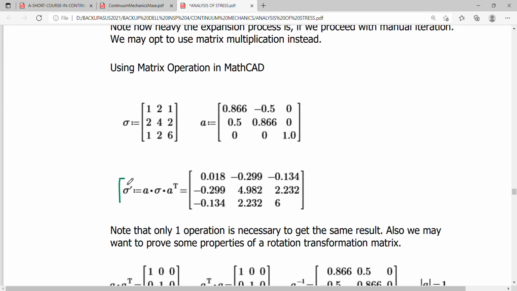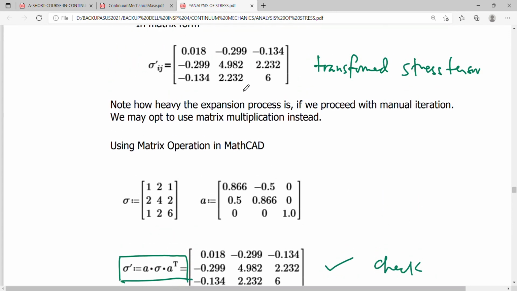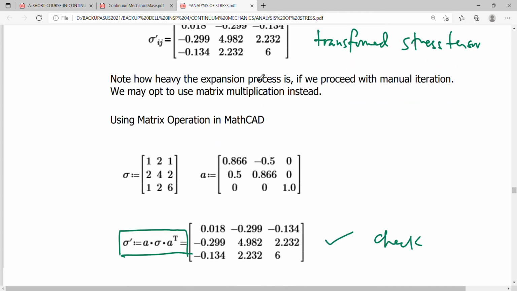So I just plug in an a dot sigma dot a transpose. I get automatically this one. You may check it using MathCAD, no? Want you to do it and compare the result. So these are all the same with that of the initial process, okay, the iteration process.